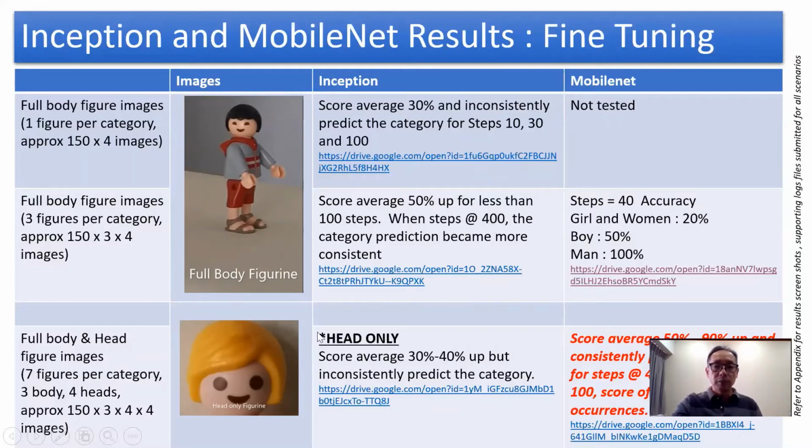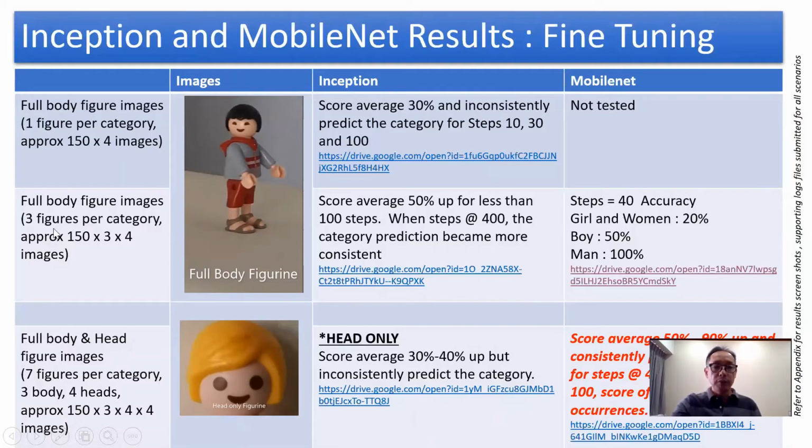I actually progressed to see if maybe the head was an important element, and we needed to make sure that the head is more clearly defined rather than the body. So I put in the head using Inception. Again, prediction was about 30 to 40%, but it's just the head only, so again, not as good. So I moved on to MobileNet.